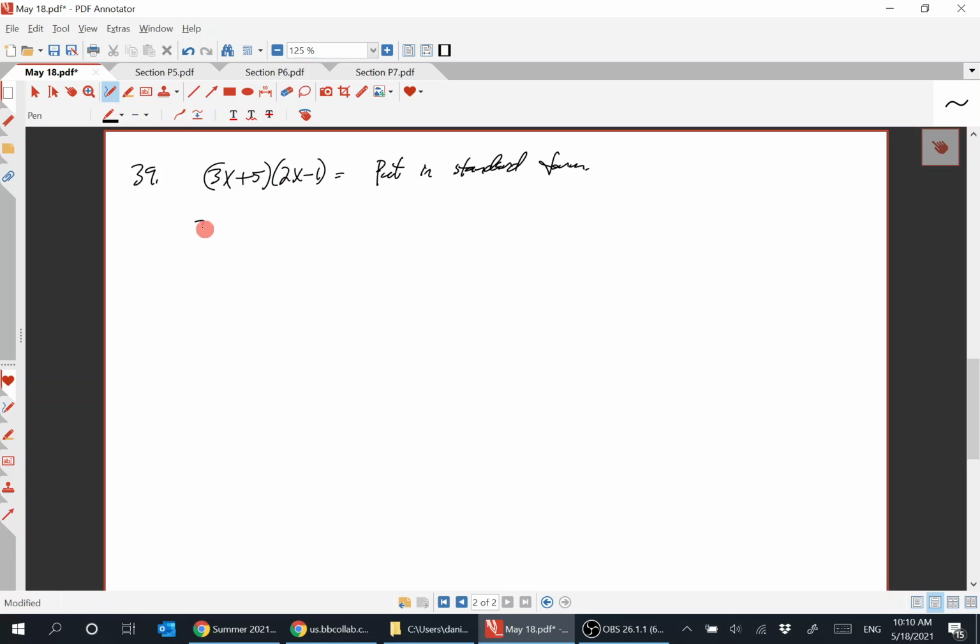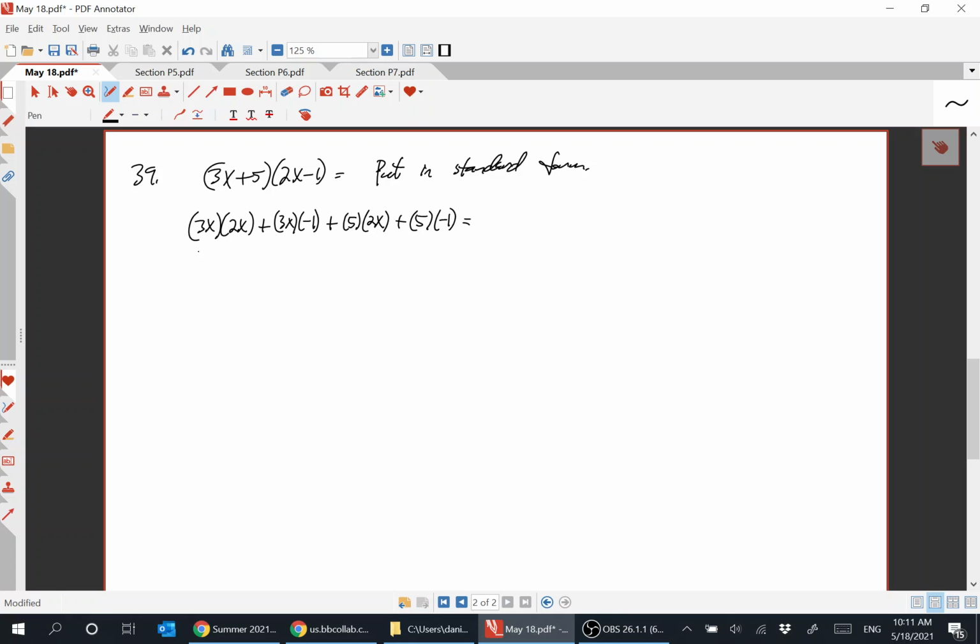So 3x times 2x, let me write it out a little bit more fully this time, just in case you're not quite seeing it yet. So I have the 3x times the 2x, the 3x times the negative 1, the 5 times the 2x, and the 5 times the negative 1. So every term in the first by every term in the second.